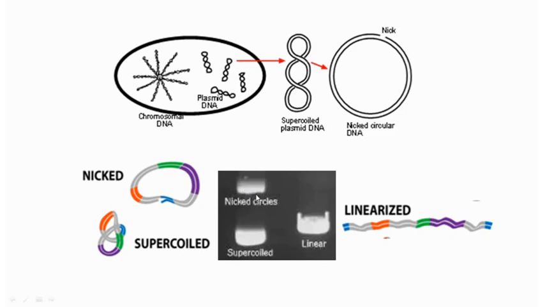It depends on the quality of the preparation. If your preparation is very good, you will see this band prominently, and this will be faint. This band may or may not be found in a good preparation. However, in most preparations of plasmids, we can see these two bands.